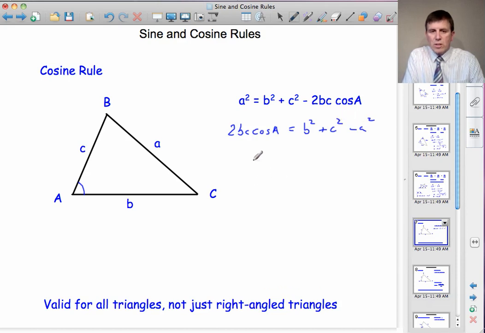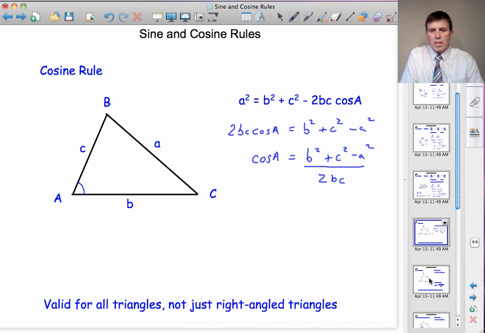And then to get cos A on its own, I simply need to divide all of the right-hand side by 2bc. So it becomes b squared plus c squared minus a squared, all divided by 2bc.